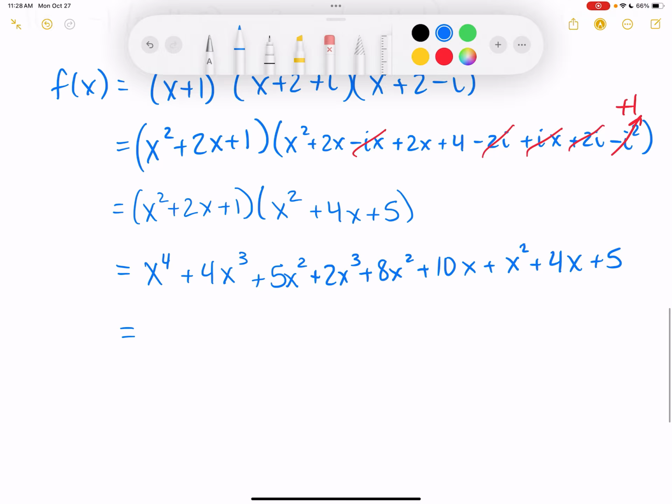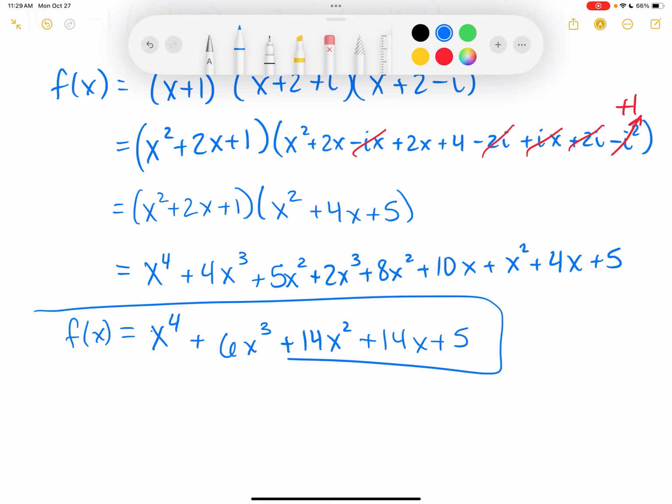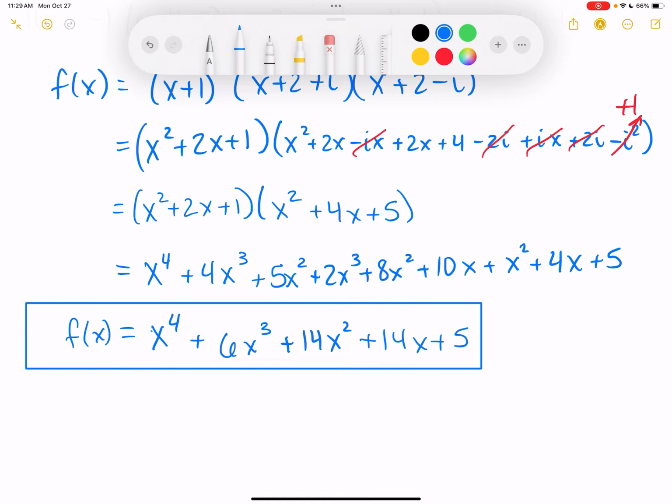Simplify it. x to the 4th plus 6x cubed plus 14x squared plus 14x plus 5. So obviously a lot of multiplying in this, but hopefully this stuff isn't too complicated.